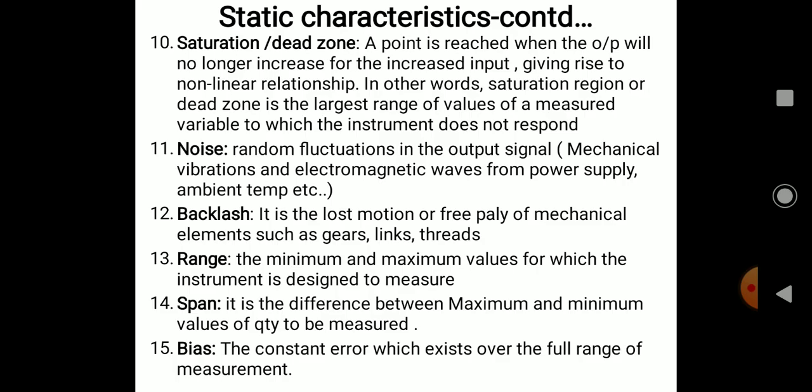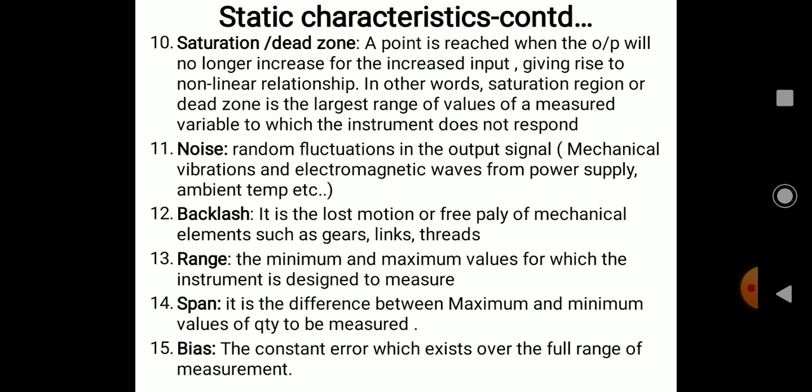That is why it is a non-linear relationship. So saturation or dead zone is the largest range of values of a measured variable to which the instrument does not respond. That is saturation or dead zone.